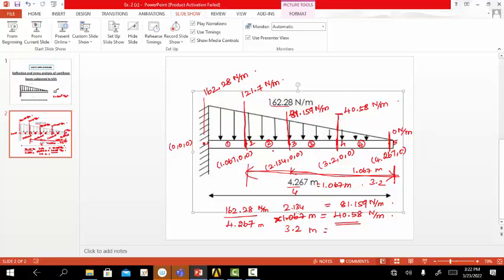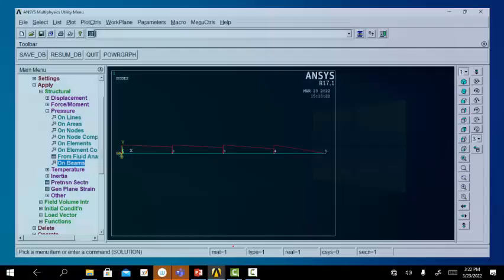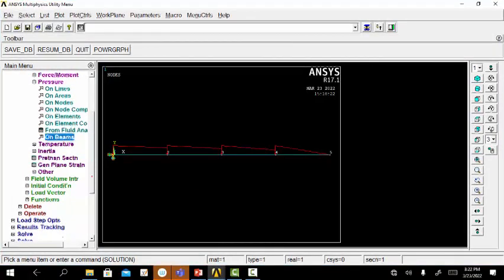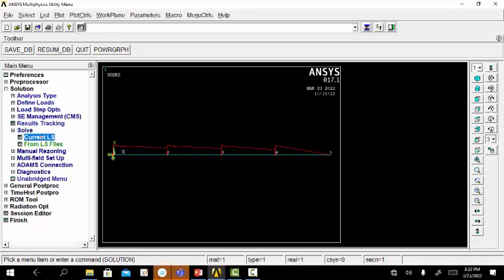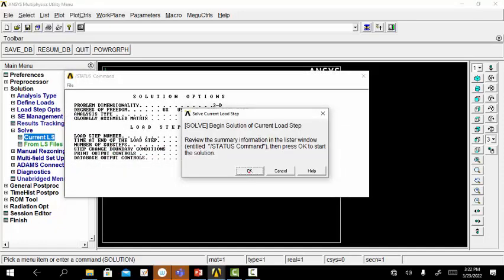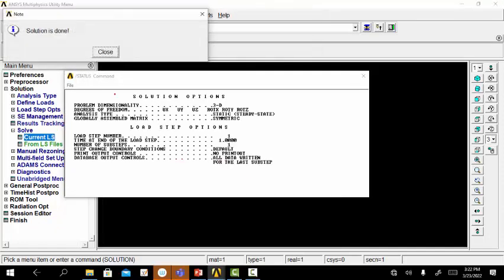The corresponding UVL values for the ith node of the second element is 121.7, and at the jth position of the second element is 81.15 Newton per meter. Okay, so likewise we have given the values in the ANSYS APDL page. So now we have modeled the entire structural problem. So now we can solve the problem to get the deformation and stress results.